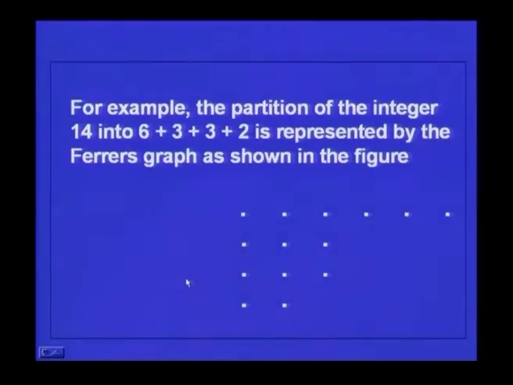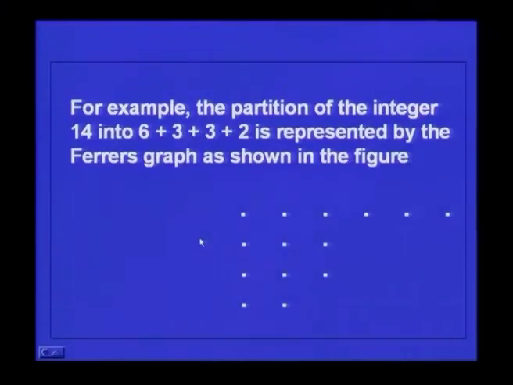This gives you some interesting results. That is, if you have a number of partitions, the number of parts is 4, right? The maximum value you are having is 6.